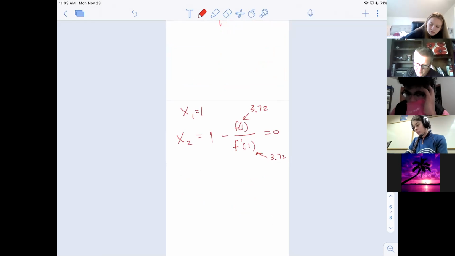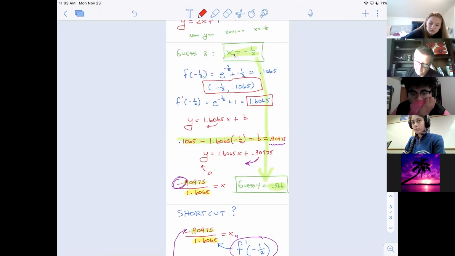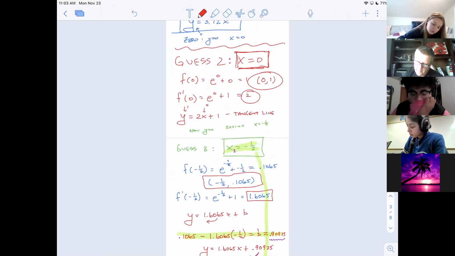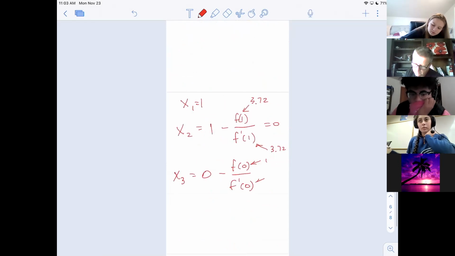All right, your third guess. You take your previous guess 0 minus the function evaluated at 0 divided by the derivative evaluated at 0. The function evaluated at 0 was 1, and the derivative evaluated at 0 was 2. So 0 minus 1 divided by 2. Oh, that's negative a half. You see your guesses progressing?